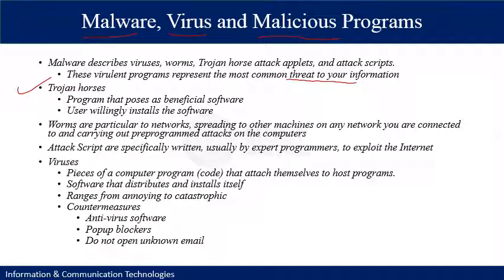A Trojan horse is a program that poses as beneficial software. That means it hides in legal software. If you install a legal application, a Trojan horse may be embedded within that application and act as a legal program but exploit the security weaknesses.